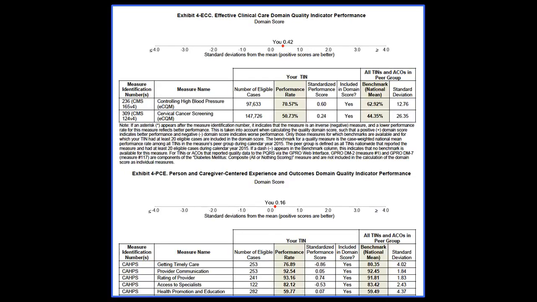So you can see in this example, controlling high blood pressure, the performance in this TIN was in the 70.57 percentile, where the national benchmark was 62.69. So in this particular TIN, the providers, according to CMS, were doing a better job in controlling high blood pressure than national peers. And from this type of performance, a quality score is ultimately able to be derived.